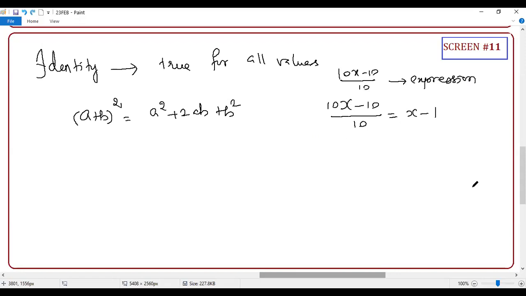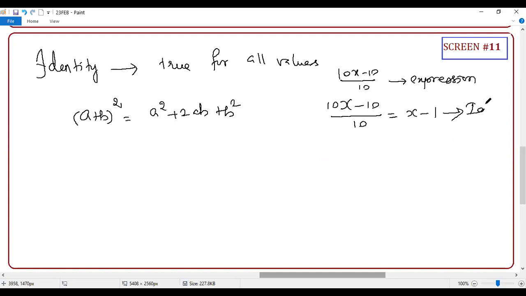Sir, how come this equals x minus 1? You simplify it. Take 10 out: 10 into x minus 1 by 10. Cancel it, you get x minus 1. So this expression equals this expression, and this is true for any value of x, correct or not? If you substitute any x value here, whatever answer you get, you get the same answer here.